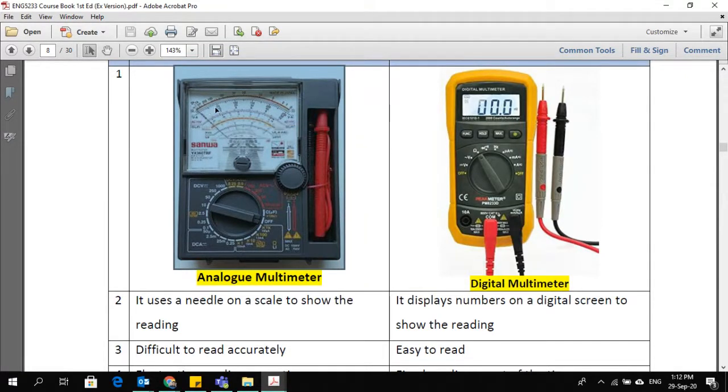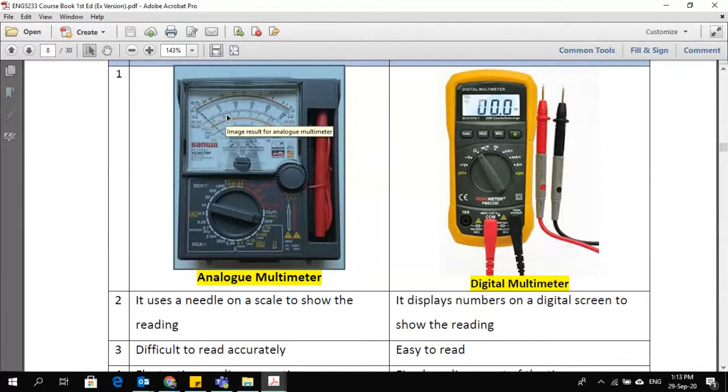The minimum number and the maximum number represent the range of this meter. So this is how the analog meter gives you the reading. It's kind of a manual thing. It's a scale with the numbers and divisions on them, and the needle deflects on that. It's pretty much like the speedometer in your car, the analog one.